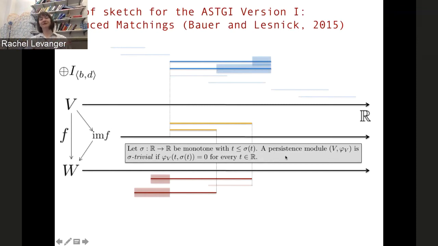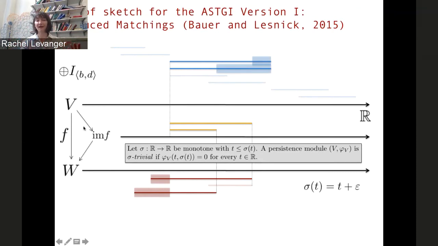This is done through this idea of being epsilon trivial, or for our general case, if you have a monotone map that's bounded below by the diagonal, you can call any persistence module sigma trivial. If I advance by sigma t from t, I'm going to end up with 0 for every t. So if sigma was just t plus epsilon, that means every bar in my persistence module has a length shorter than epsilon, if it's epsilon trivial.